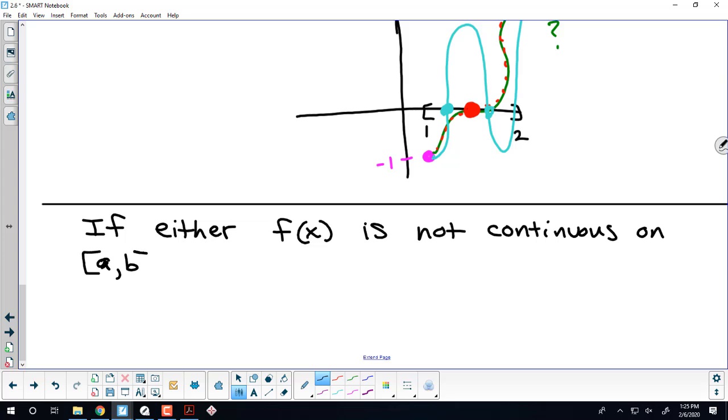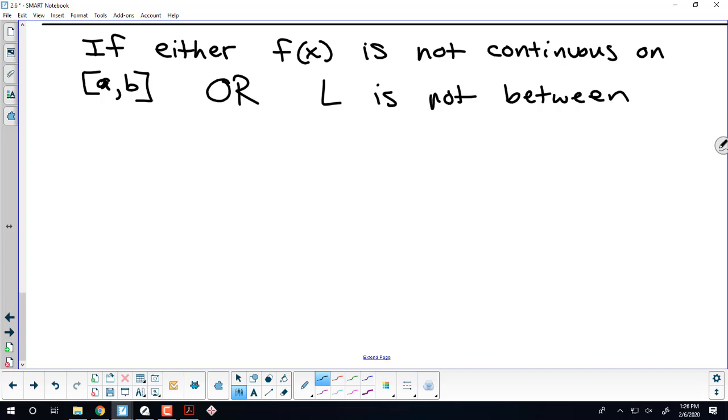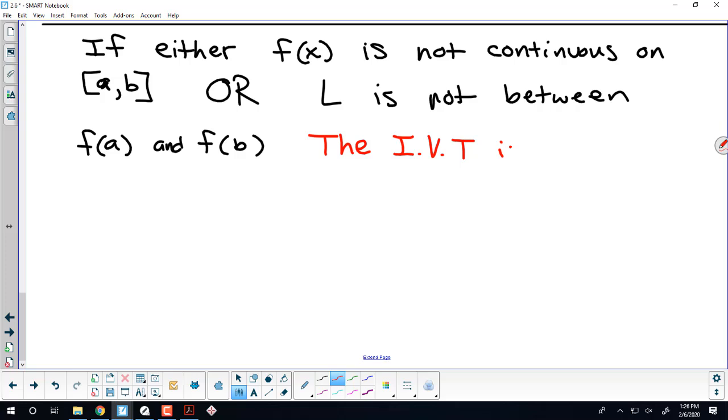If the function is not continuous on the closed interval, or L is not between f of a and f of b, we'll just say the intermediate value theorem is inconclusive.